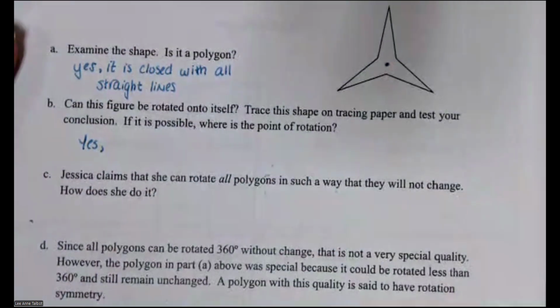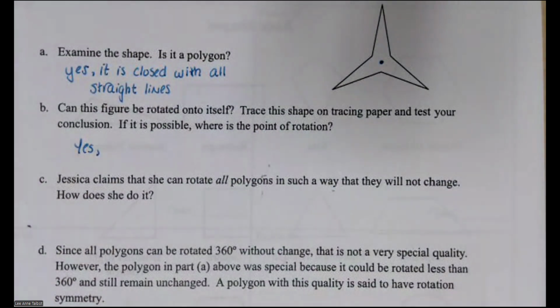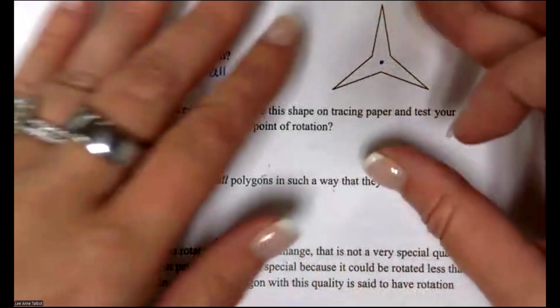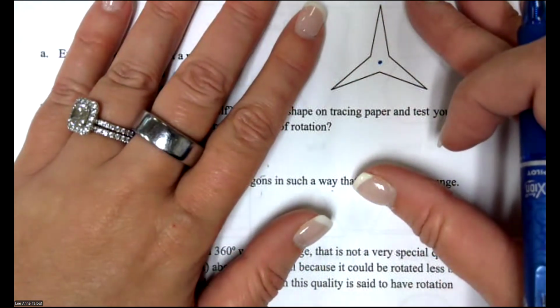Okay, now I have a question for you. This is an advanced question. How many times can you rotate this around and get the same shape? So what is the degrees that it takes to get it back to itself? Okay, if the whole way around's 360, how many different times can I make this shape when I turn it around?